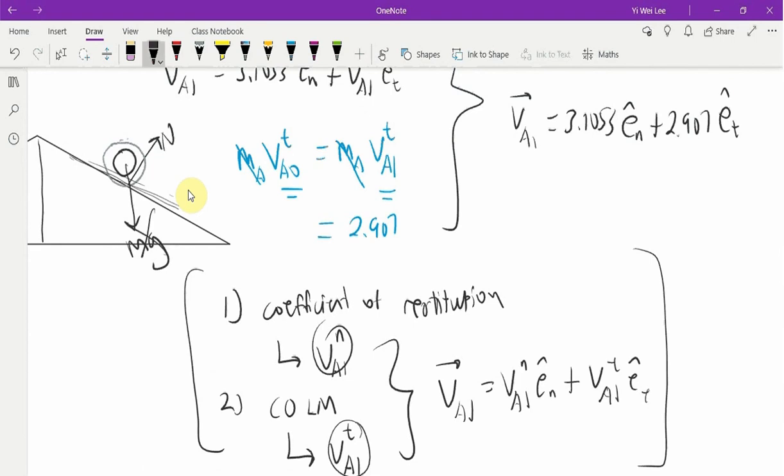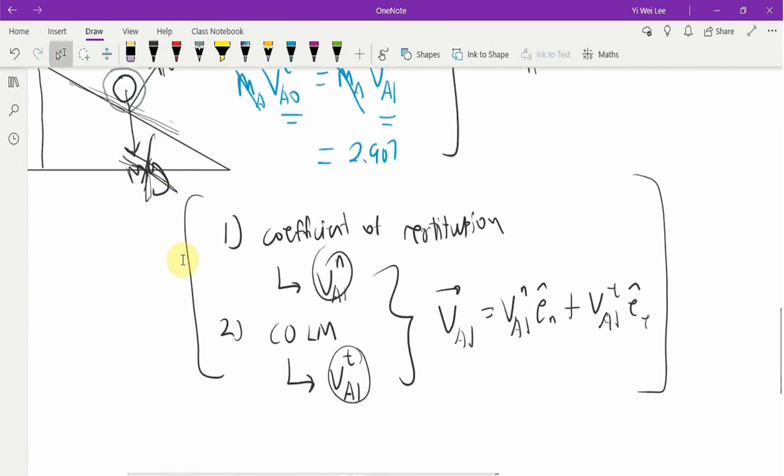When it is ignored, we assume that there is no external force along this direction, which means that momentum is conserved along this direction. We can use this conservation of momentum here.